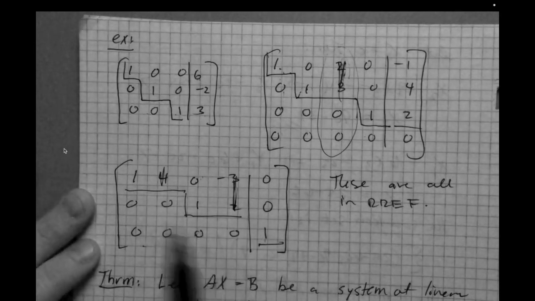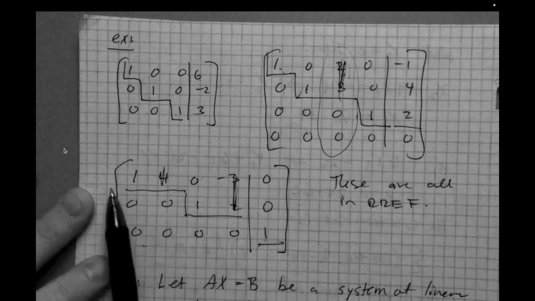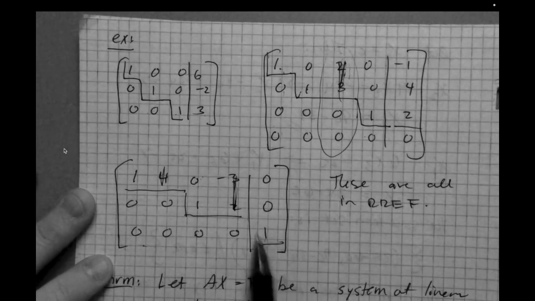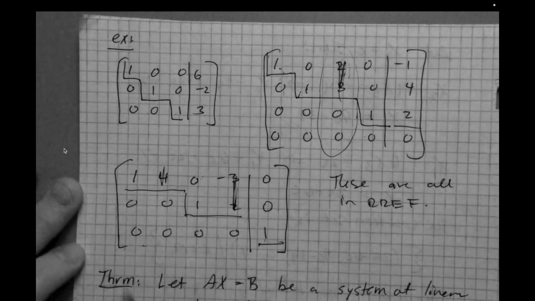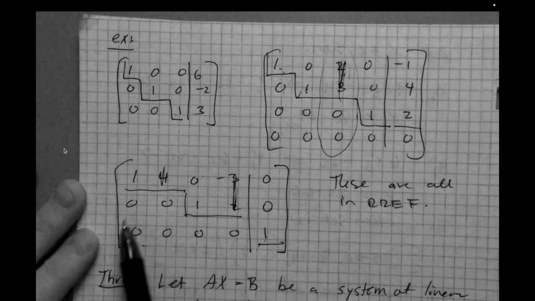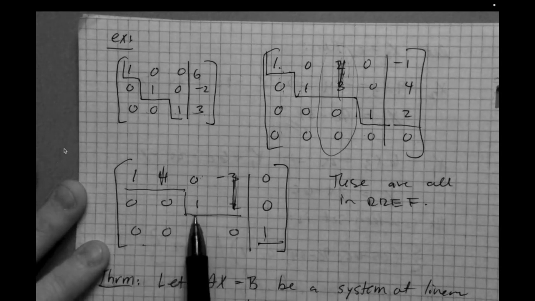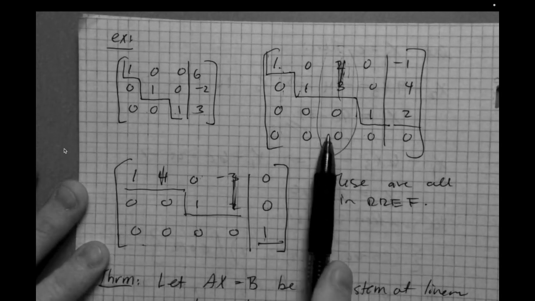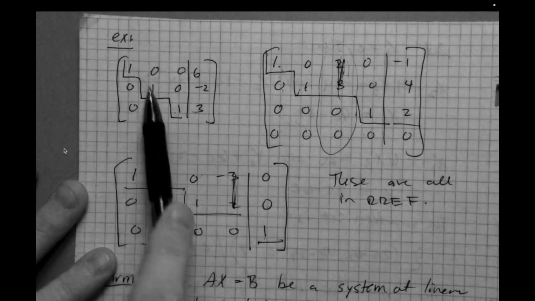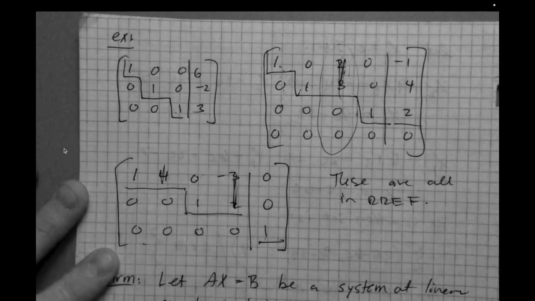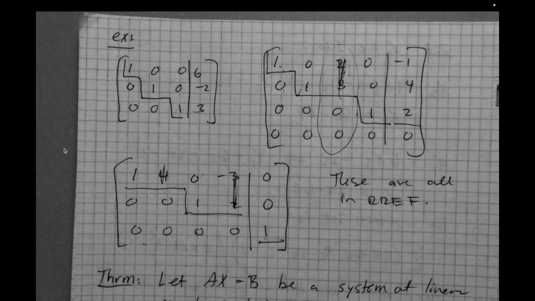You could have a perfect stair-step with a 1 here and all zeros here, but that would fall into condition 1. So if that's not happening and you don't have columns without pivots, then you must have a perfect stair-step like this, which means you're going to have a unique solution.